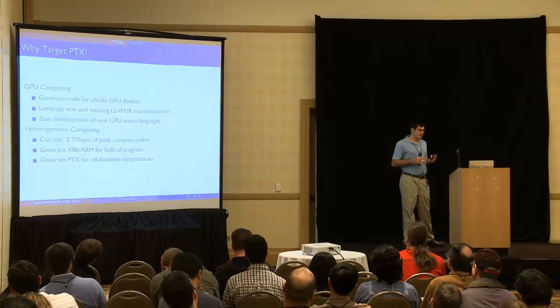So to target these types of systems, we can take a single application, generate x86, ARM, or whatever backend you want to use for the bulk of the program, and basically generate PTX for specific parts that can be easily offloaded to GPU devices. So this would allow LLVM to basically take advantage of these heterogeneous architectures.